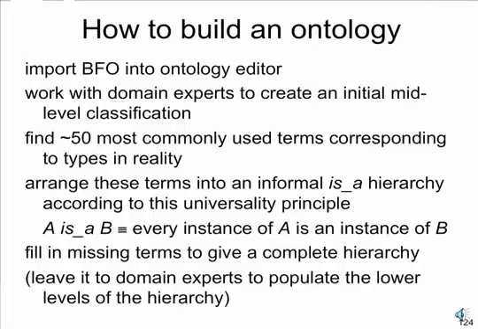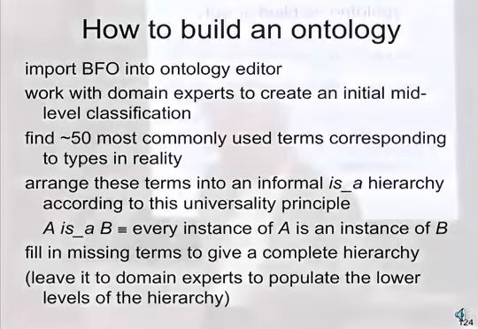You aim, let's say, for 50 of the most commonly used terms in your domain. You arrange these terms into an ISA or subtype hierarchy as best you can, following this rule that A is going to be a subtype of B only if universally every A is a B. Now, then you'll find that you have to fill in some missing terms that people in your domain would never use, but which are important to complete the hierarchy.